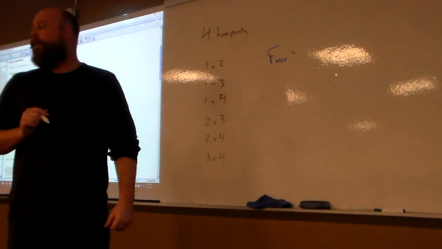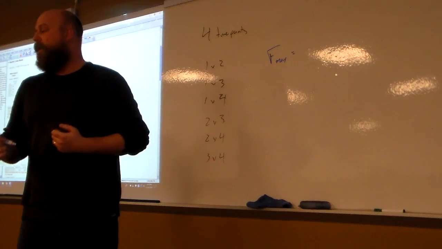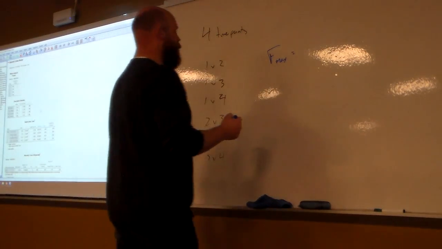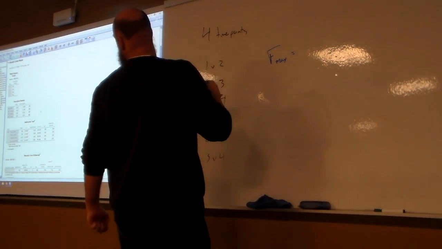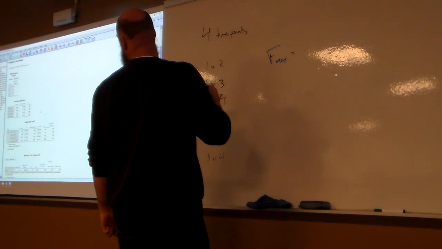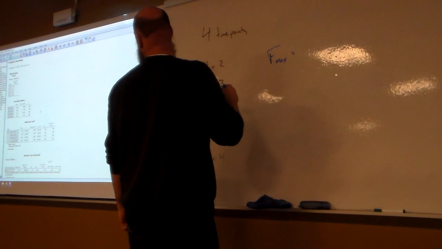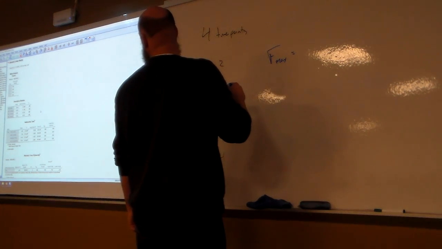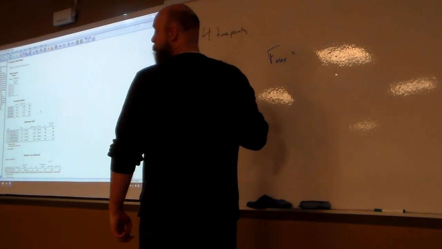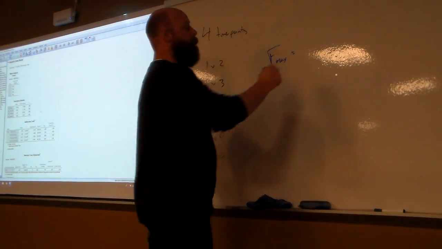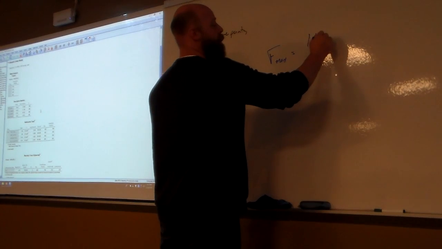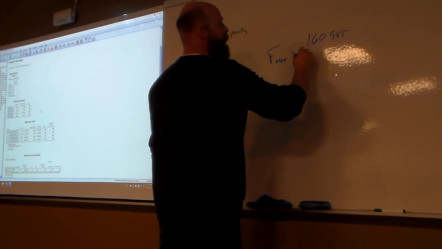Laura, can you calculate variance for that? So just square that and tell me what that number is. For time 1. So square the standard deviation. 160.985.